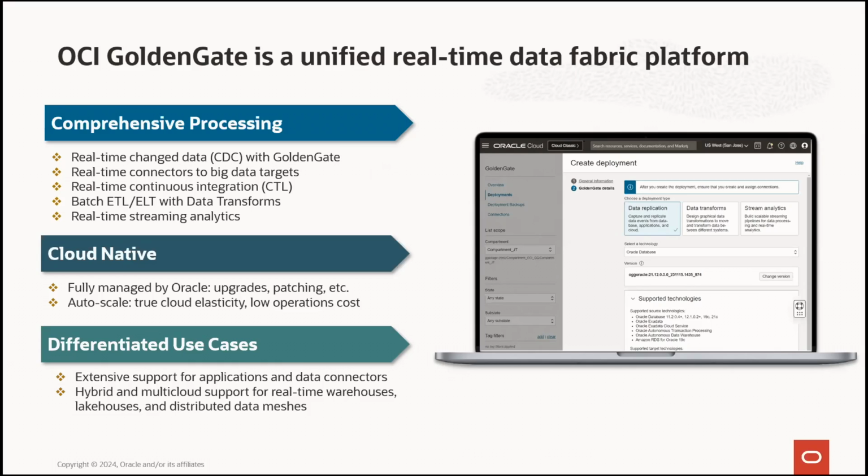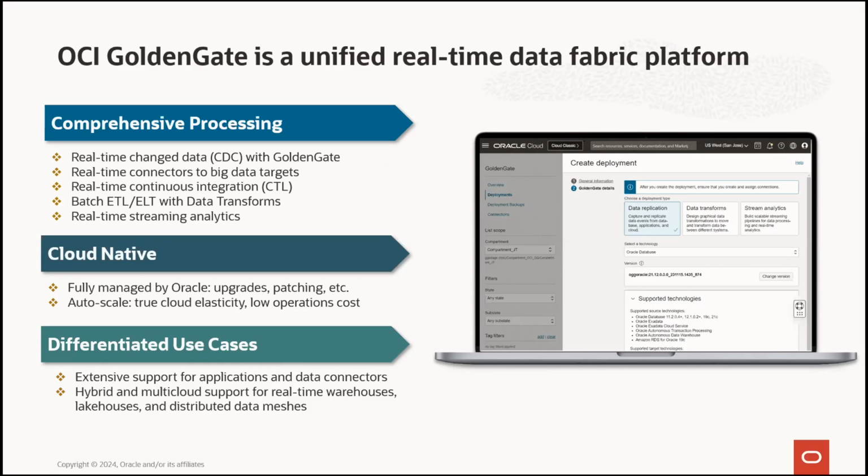And we have unique auto-scaling abilities here, which means that you can start small, and then the deployments can automatically scale up to 3 times the number of OCPUs that you selected at the beginning when you created a deployment, and I'm going to show you that today. This ensures that your OCI Golden Gate deployments will adapt to any of the workloads that you're going to implement.